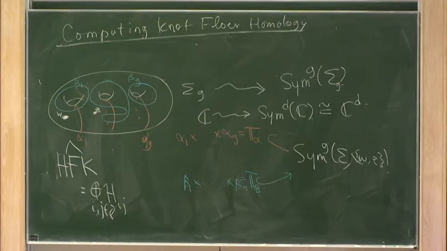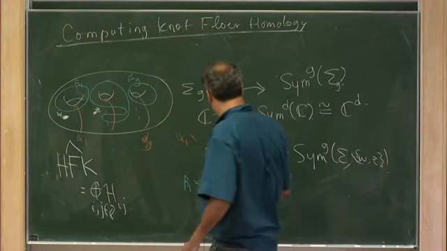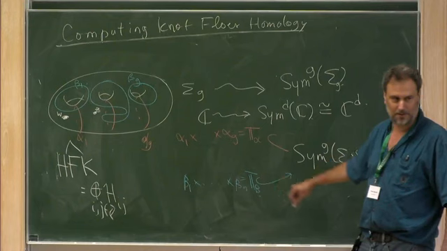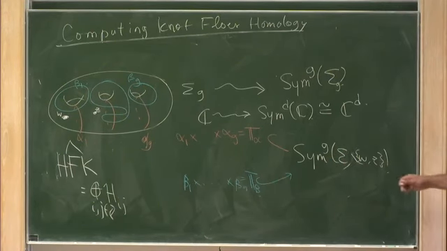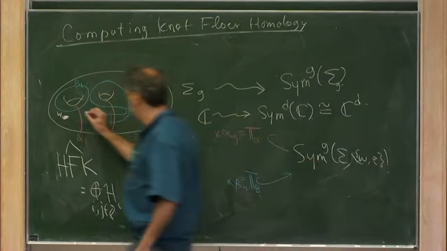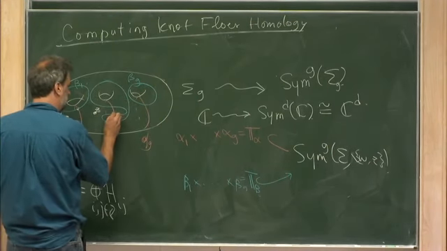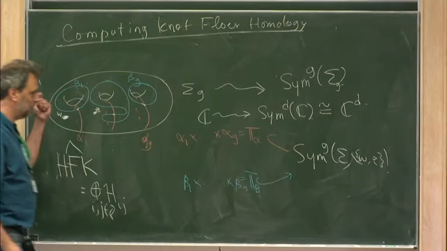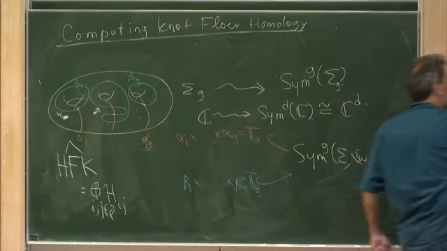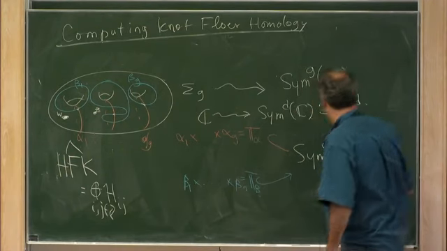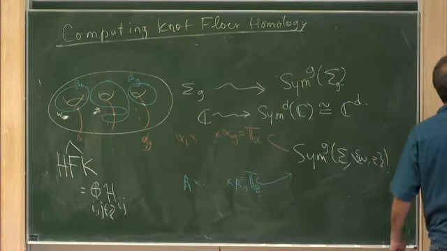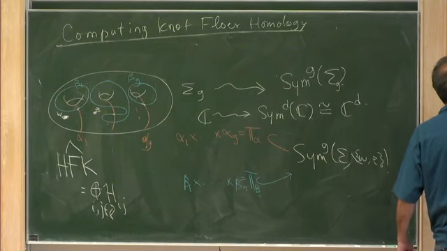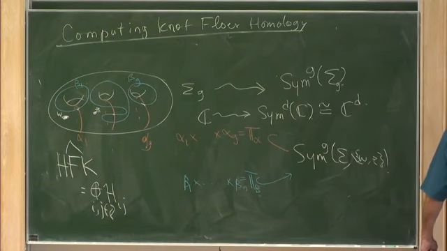This is what we would like to understand. The generators, I might have said this in a sort of complicated way, but the generators are really just g-tuples of points, which, if you want to write it very explicitly, if you number the alpha circles, number the beta circles, T alpha intersect T beta is just the union over the symmetric group on g letters of the Cartesian product of alpha i intersect beta of sigma i.